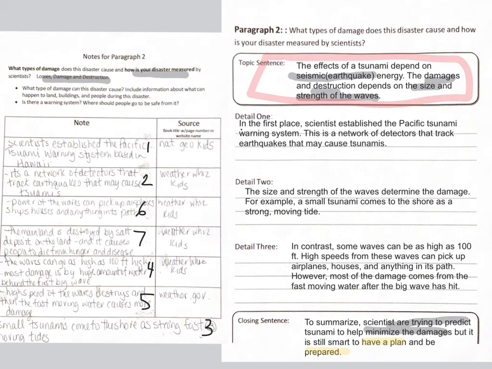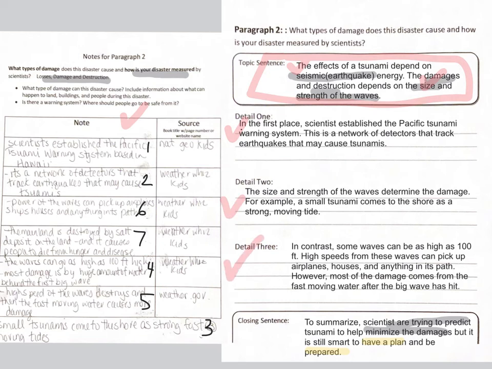Then we're going to write our topic sentence here, making sure that it's in order so that when we write our details, it flows. So for example, I talked about the seismic earthquake first, so that's the first thing I talk about. We want to make sure it flows. Whatever's said in your topic sentence should flow in your paragraph. The next thing I talk about is the damages, and that's these two paragraphs.